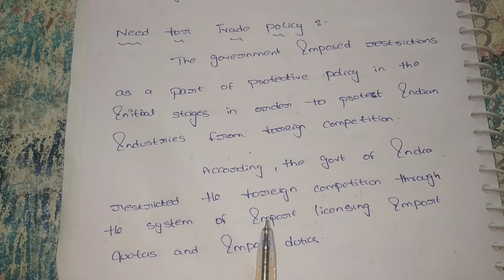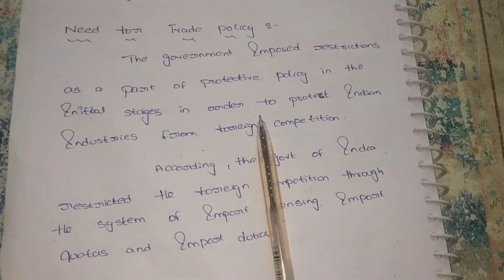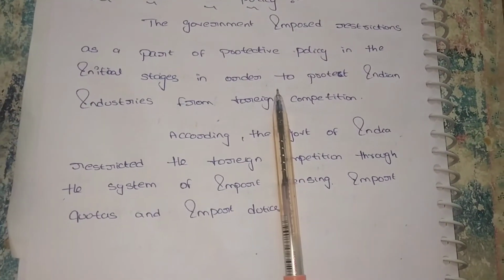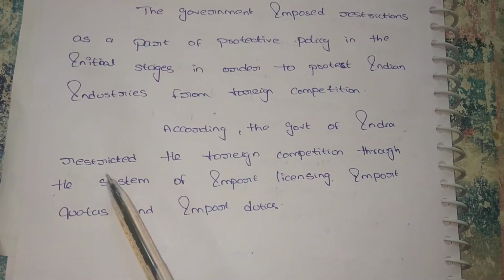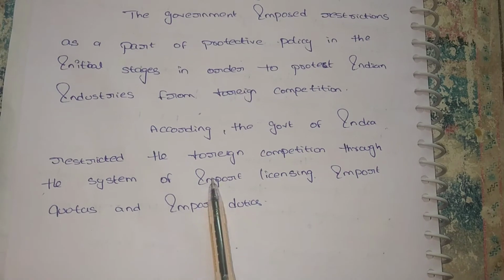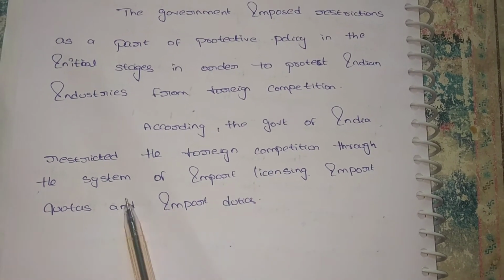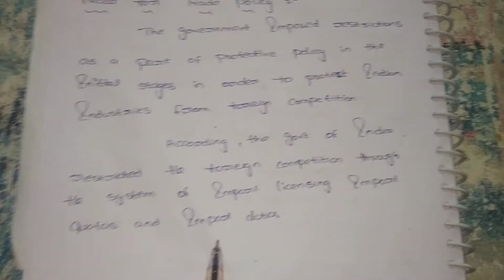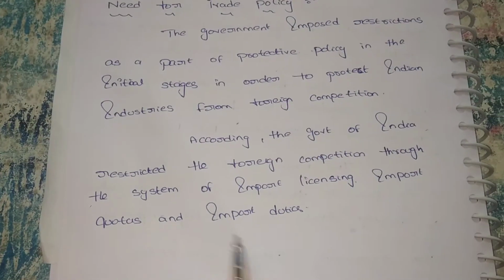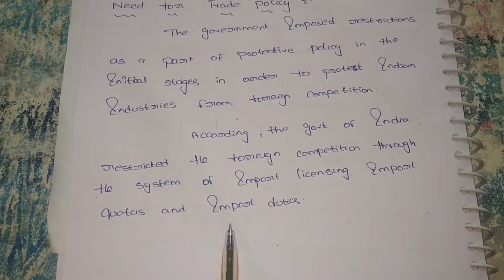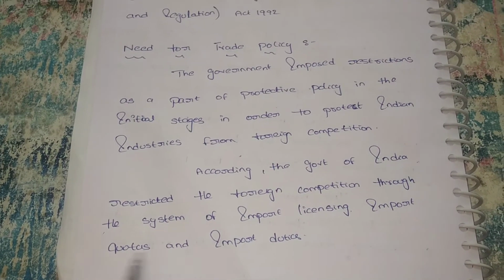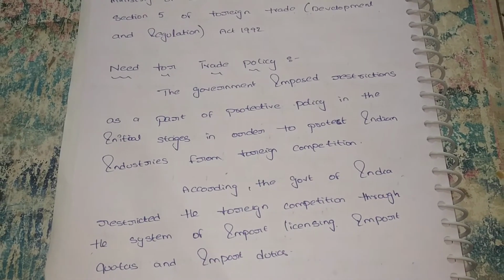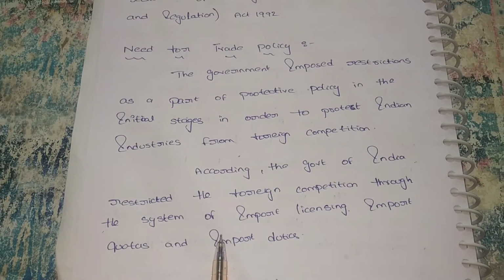And import duties. Import duty means we have to pay certain import excise duty and customs duty while importing goods. Based on all these factors, the government restricts imports of foreign goods and protects our country's goods.